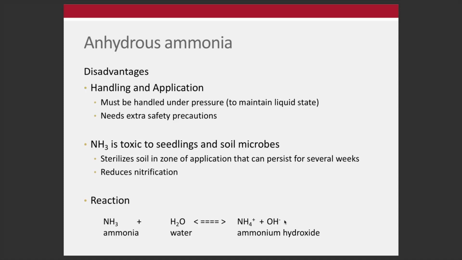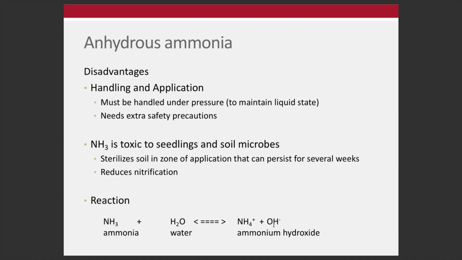Also, ammonia is toxic to seedlings and soil microbes, and so it really is a sterilizing thing because it's coming out in such a strong concentration. And what happens is that it's coming out as anhydrous. It immediately reacts with water, and it forms ammonium and this hydroxide, right?